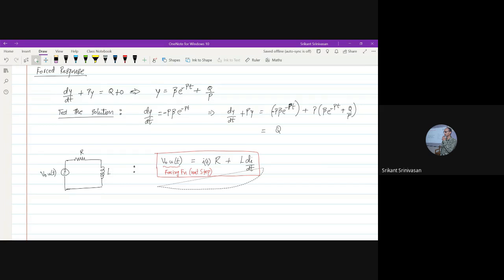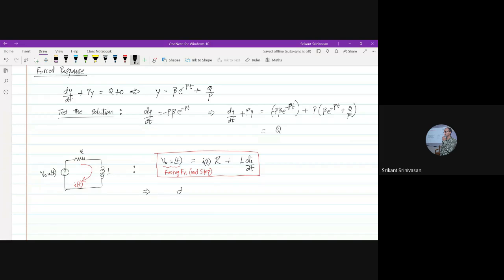So what is the solution for this equation? I'm applying a step function to an RL circuit, and what am I trying to find out? What is the current response, right? Because the excitation is the voltage, and I'm applying a voltage to an RL circuit. A current is flowing, and that current is the response, I of t. So I'm trying to find out how the circuit behaves when I apply a unit step function. And then if I were to solve this equation, then what will I get? I will be able to say that V naught.